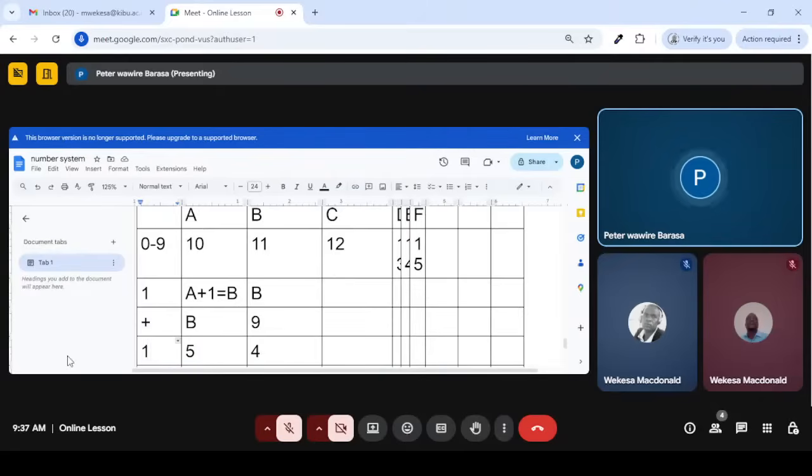So from 0 to 15, where A is 10, B is 11, C is 12, D is 13, E is 14, and F is 15. That one you need to know. I think I've been very clear there. I've been very categorical and clear.